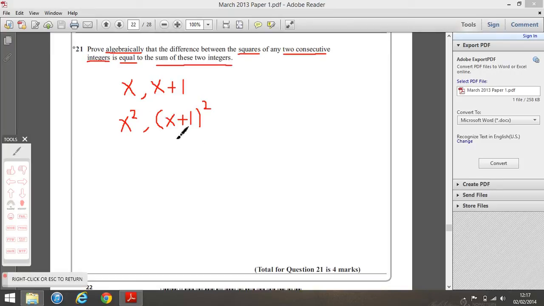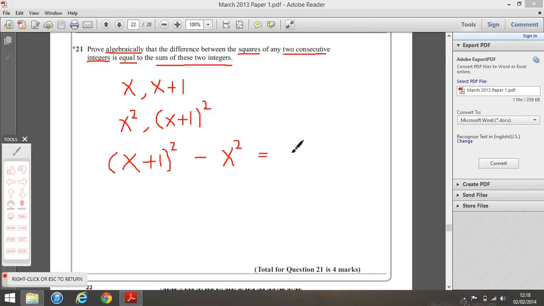So the difference between these two, so taking the bigger integer squared, x plus 1 squared, minus x squared is equal to the sum of these two integers. So it's the sum of our original integers.